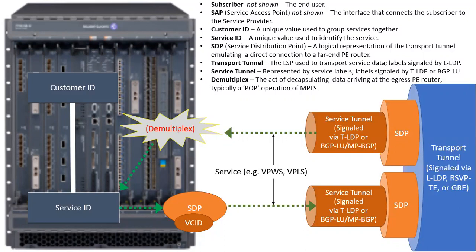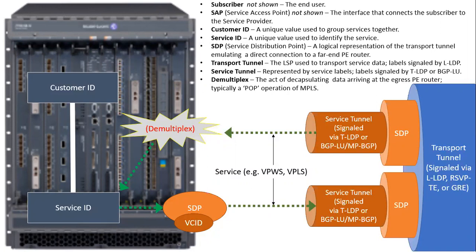And we have the customer ID, or customer, and this is a unique value used to group services together. We have the service ID, which is a unique value used to identify the service. And our service distribution point, or SDP, this is a logical representation of the transport tunnel emulating a direct connection to a far-end PE router.